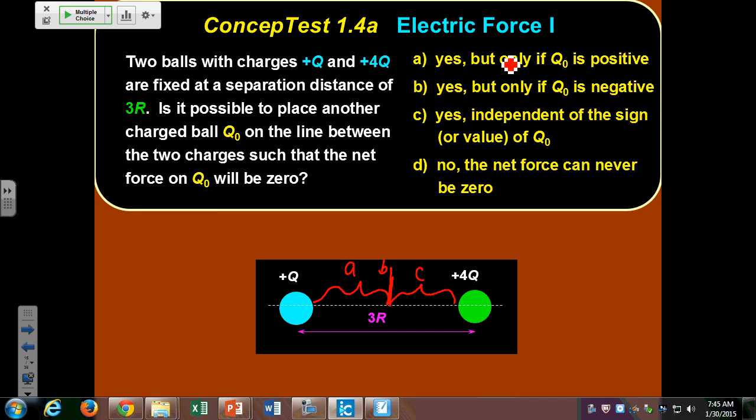I'll call that C. That is, where would you place this positive or negative charge Q naught such that the force would be 0? Would you place it to the left of the middle, right in the middle, equidistant between the two charges, or to the right of the middle? Left, middle, or right? Where would you place it? In which of those regions? In order to get a force that's equal to 0.